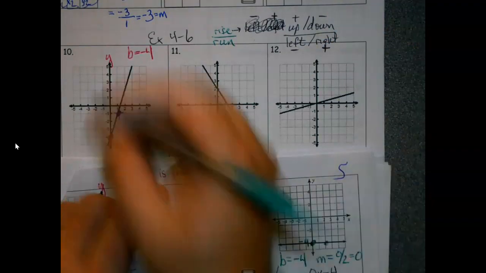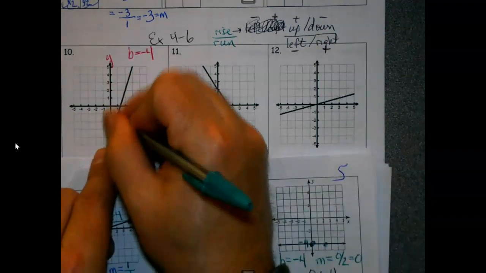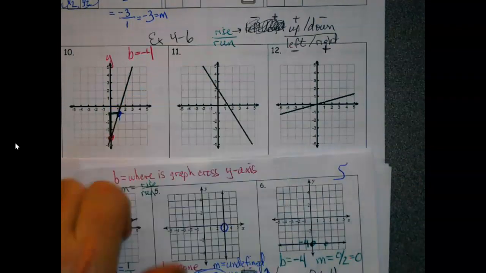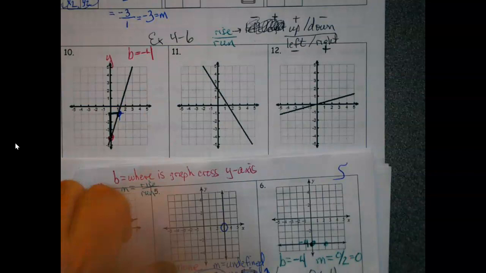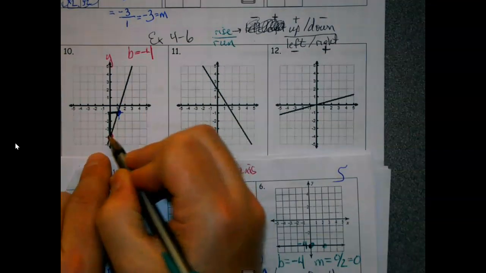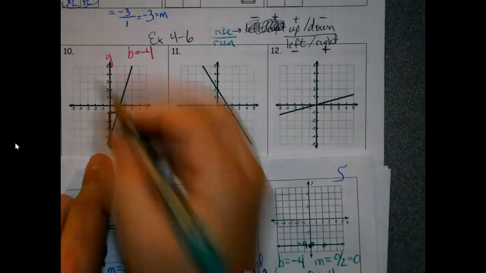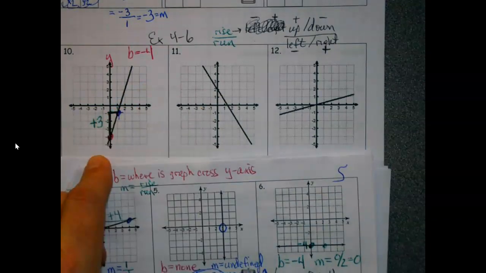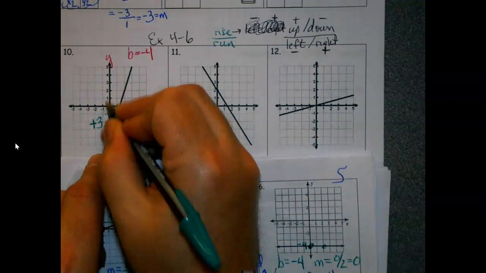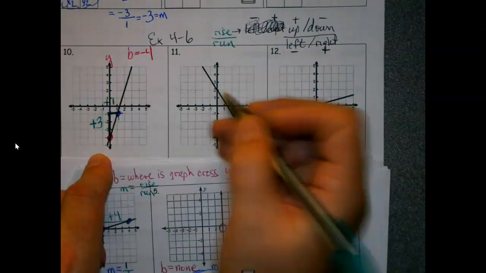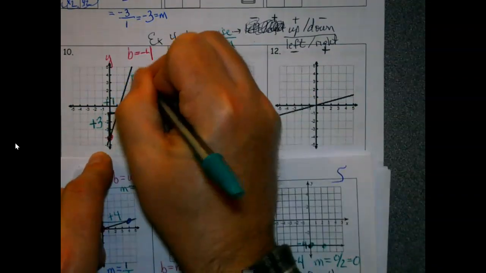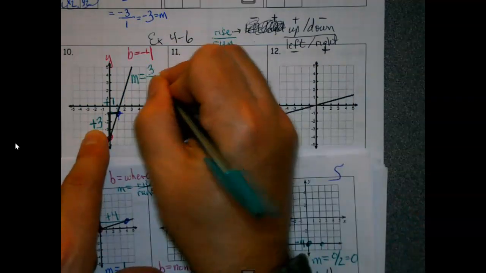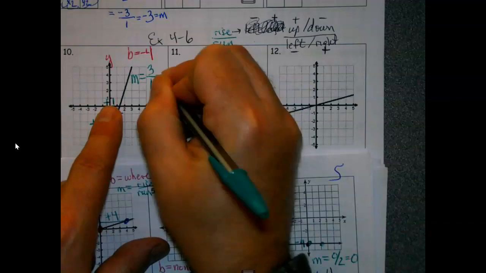Because when we're doing these, we're basically just going to connect the dots. We're just not doing it in a straight line. So if I start here, I went up 3, and I went right 1. So my m is rise over run.